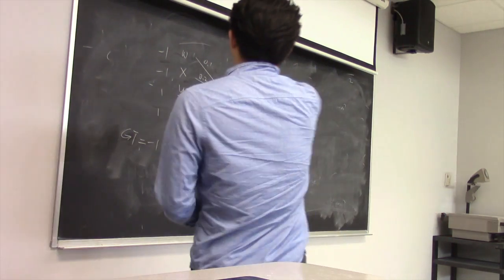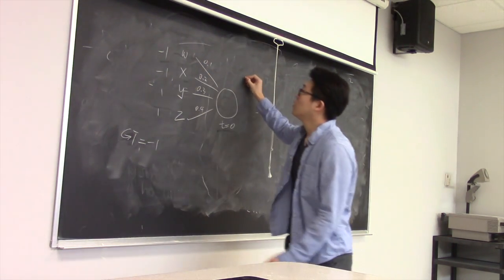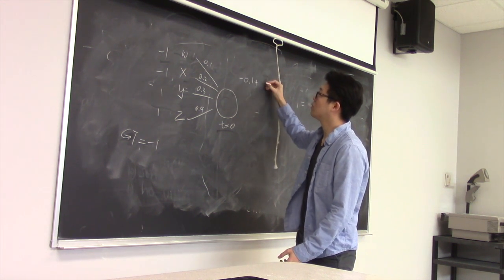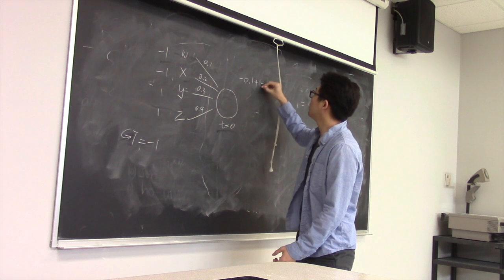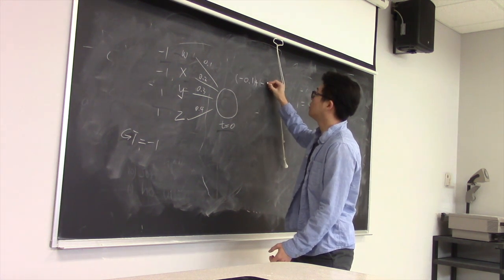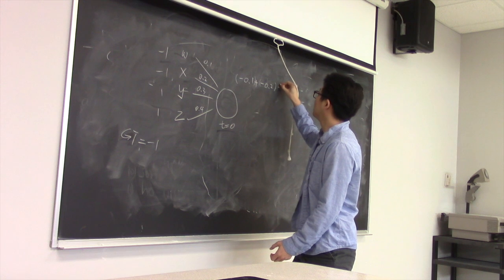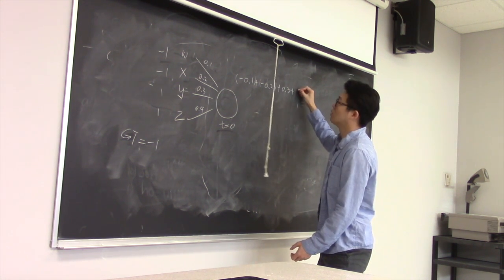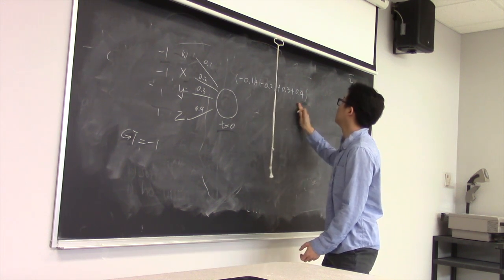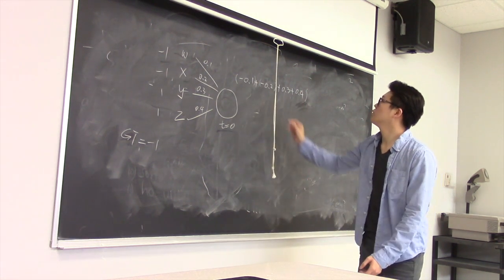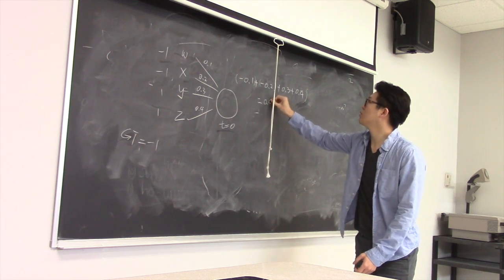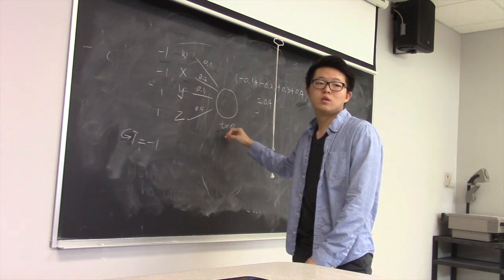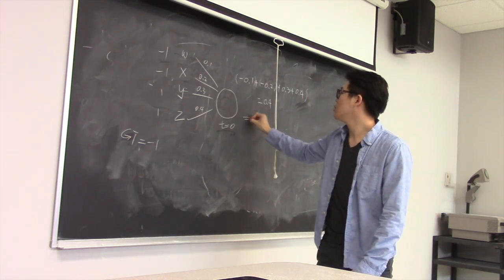So we multiply over here, and this one will be 0.4. It is over the threshold, so the output will be 1.